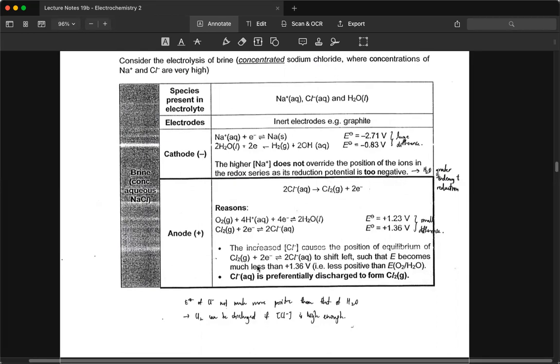So it becomes less positive than even the oxidation of water. So Cl minus is preferentially discharged to form Cl2 because of the shifting of equilibrium. And when that happens, the E value changes to become less positive.